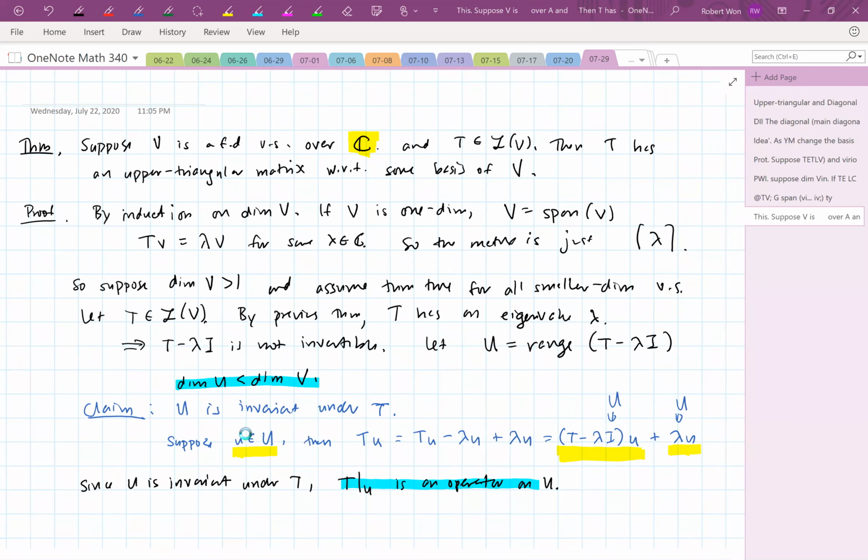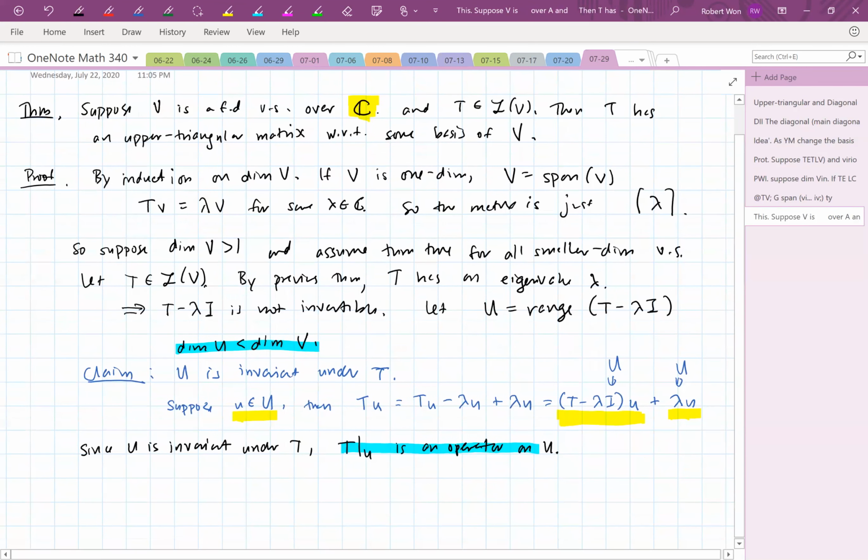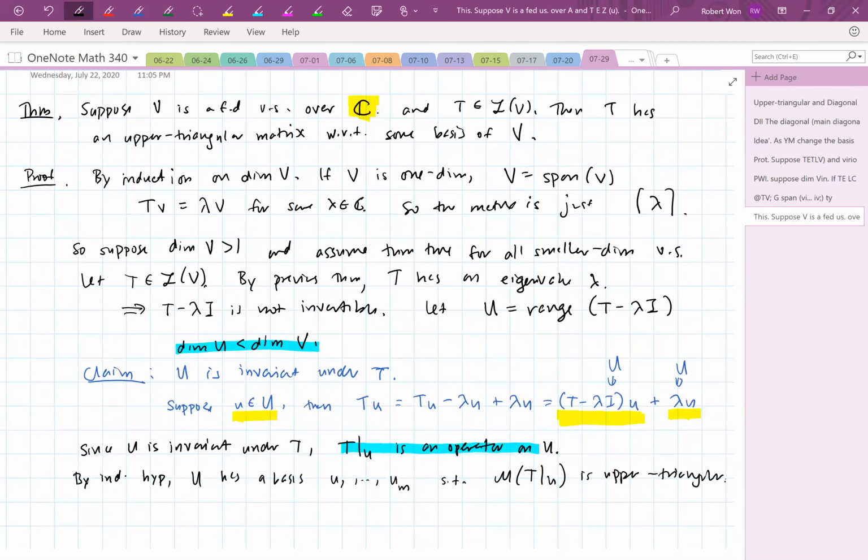So by the induction hypothesis, U has a basis, let's say u1 up through um, such that the matrix of T restricted to U, which is an operator, is upper triangular. Well, what does that mean?